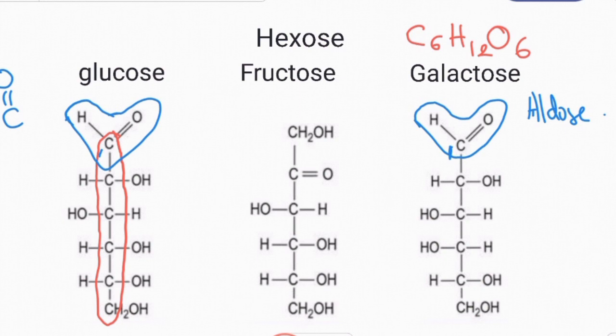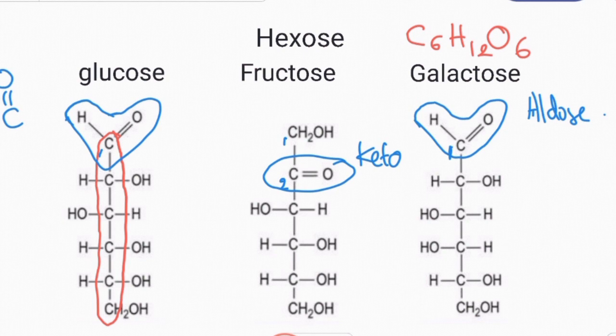But in fructose, carbonyl group is present in the second carbon atom, so it forms a keto group. This type of sugars are known as keto sugars. So some hexoses are aldose sugars and some hexoses are keto sugars.